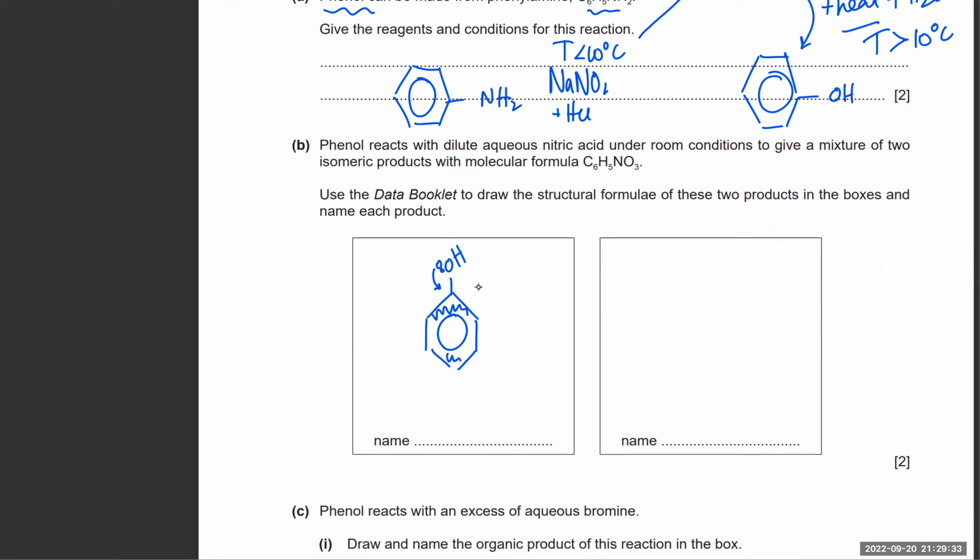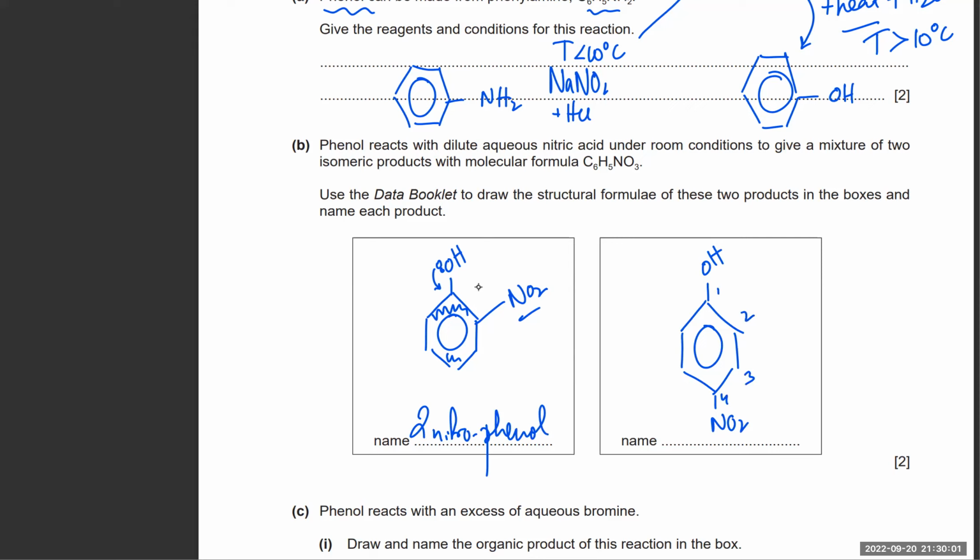So the NO2 will get attached to either this position or the bottom position, which is the 4 position. So it's going to be 4-nitrophenol or 2-nitrophenol. This one is 2-nitrophenol, and this is 1, 2, 3, and that's your 4-nitrophenol.